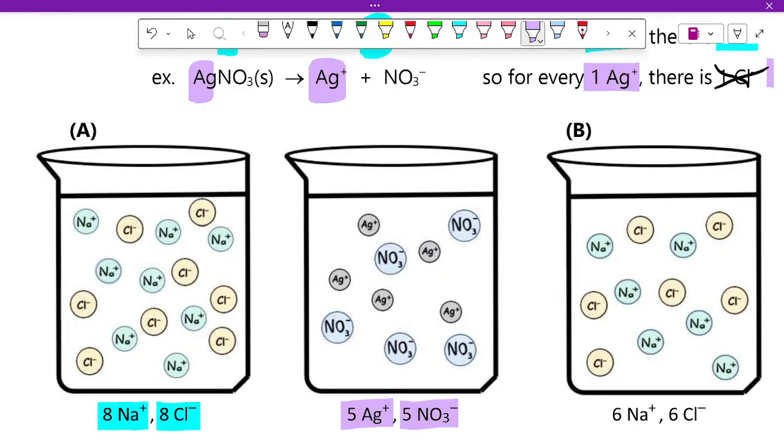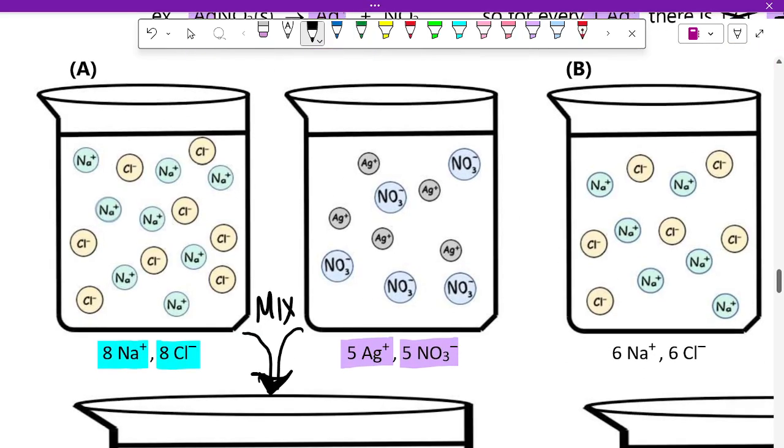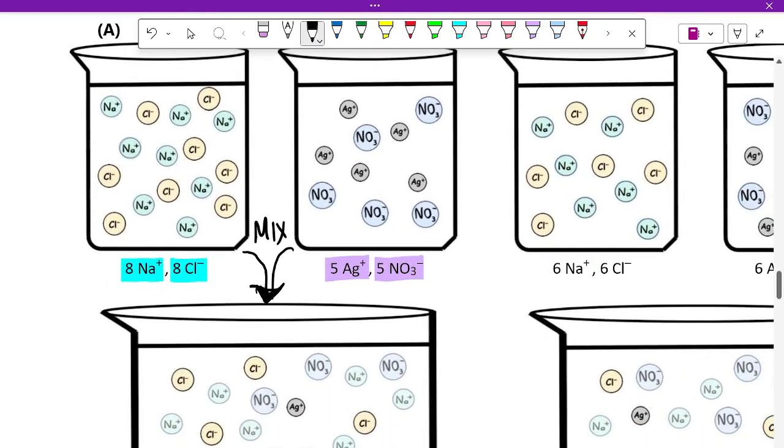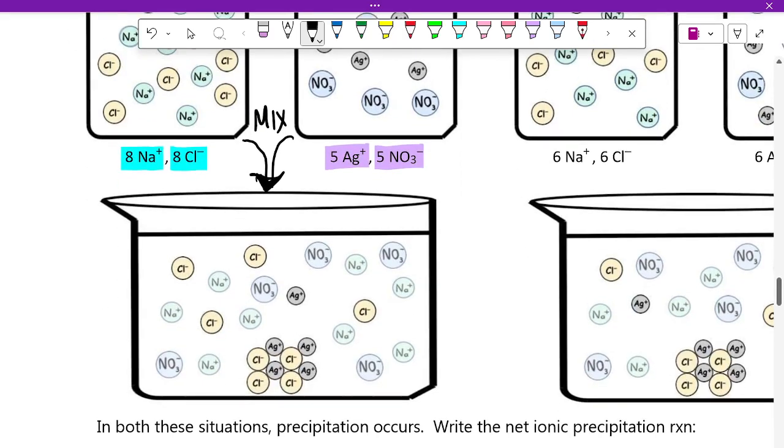Yes? And now I take those 2 solutions and I mix them together. Two of those ions match together. The silver matches with the chloride and we get an AgCl solid precipitate. That's our match. AgCl solid.